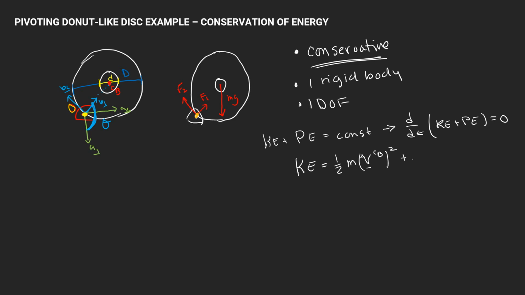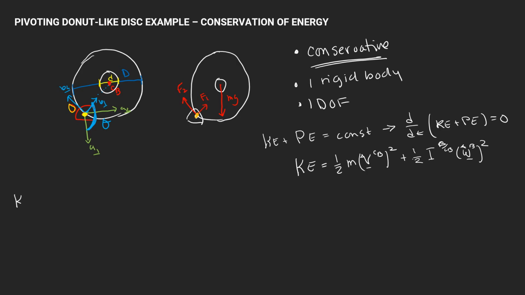Now we also have to consider the energy that's coming from rotation, so we have plus 1/2 times the moment of inertia of our rigid body with respect to the center of mass times our angular velocity squared. So you have to consider the kinetic energy that's coming from linear motion and from angular motion. Okay, so let's go ahead and plug this in.